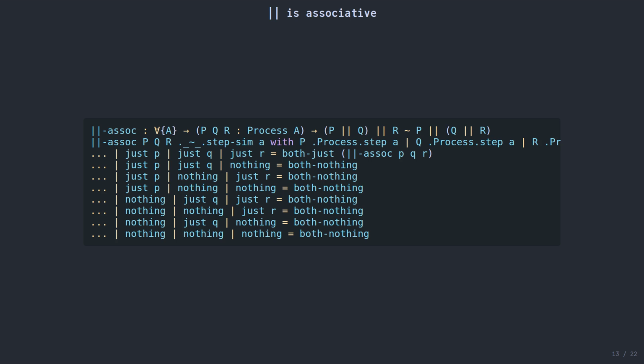For any event, all three processes must be willing to take the step. If they all accept the event, the combined system evolves to the interaction of their successors. If any one of them refuses, the whole system refuses. This step-by-step matching gives us a bisimulation between the different compositions of the processes.